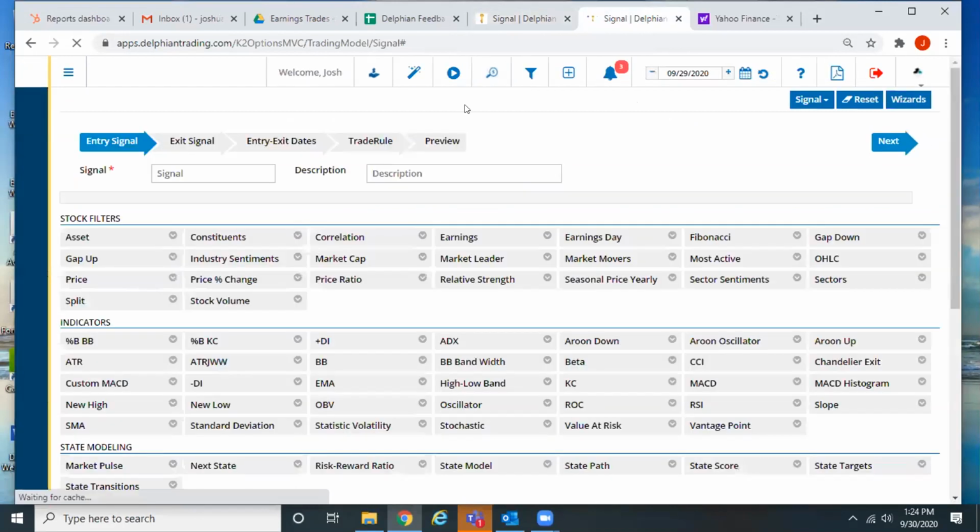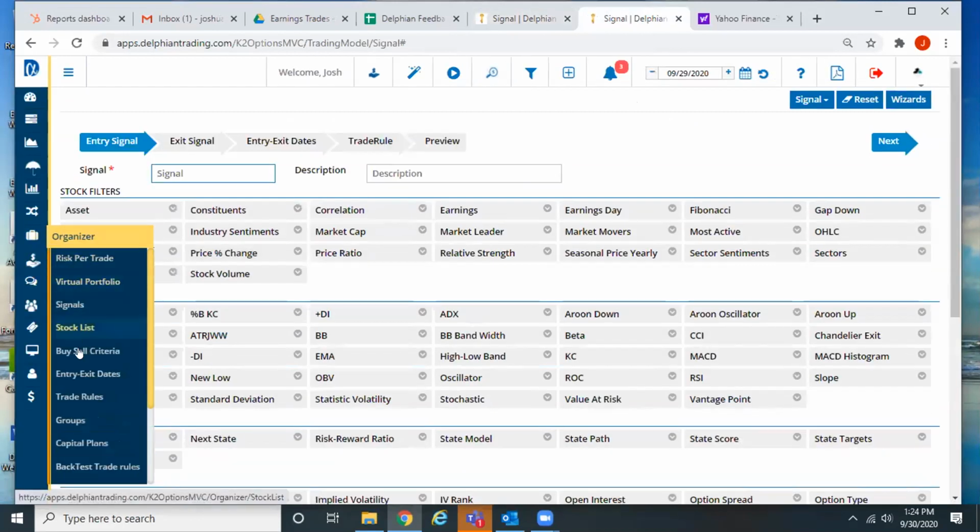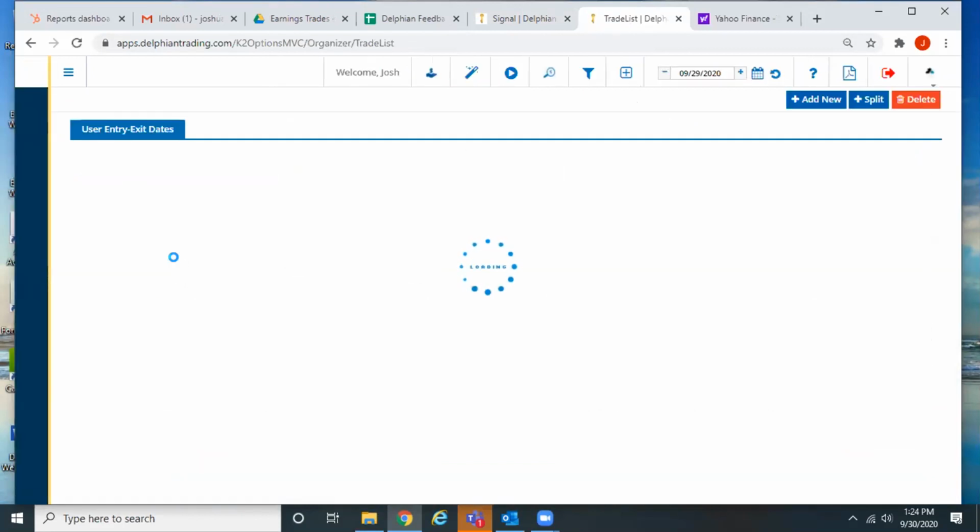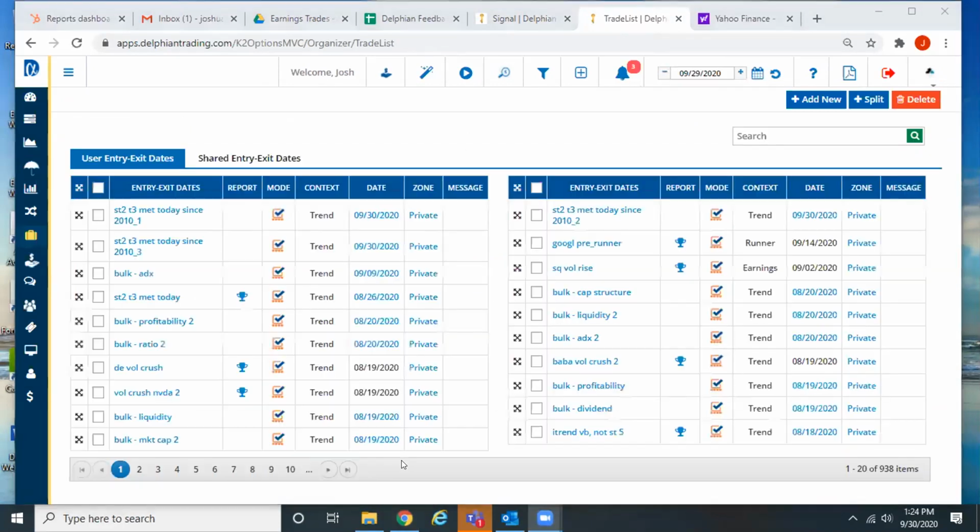My goal here is to finish these by the end of the week. Let me show you my organizer. I did one for all the liquid symbols, the liquid options since 2010.